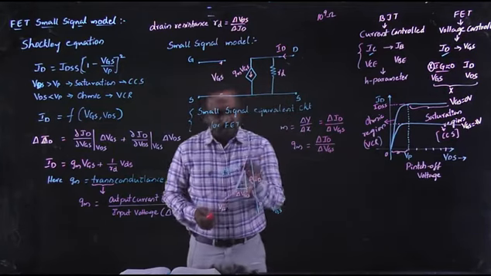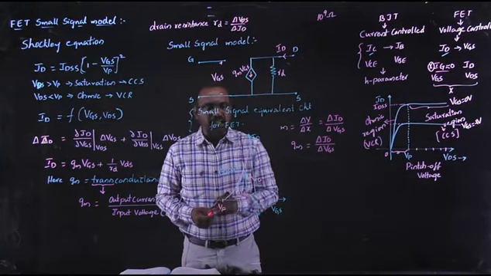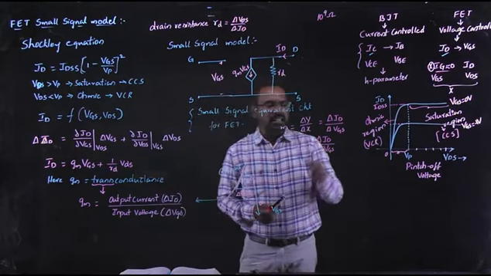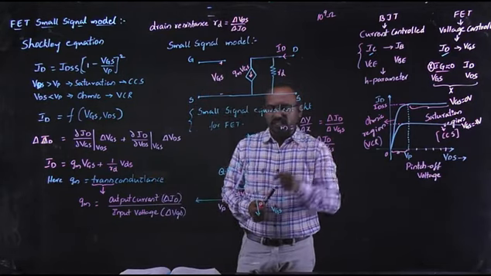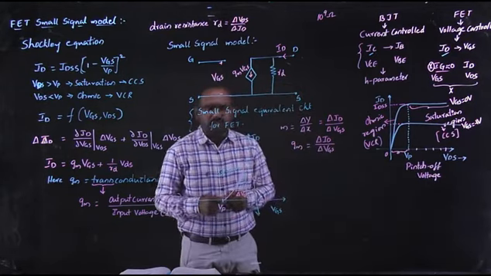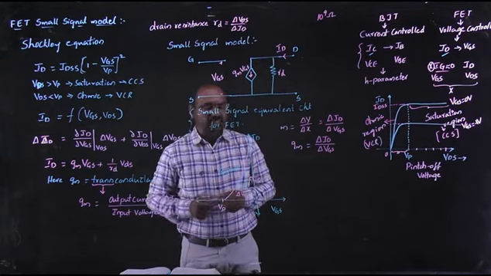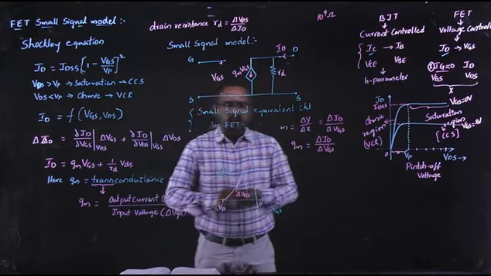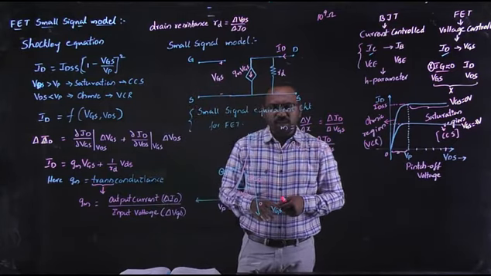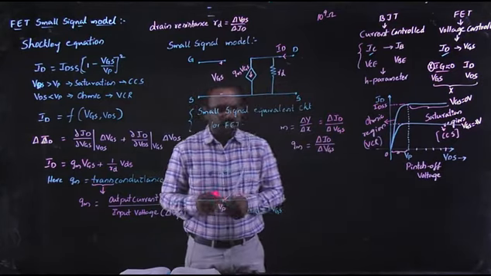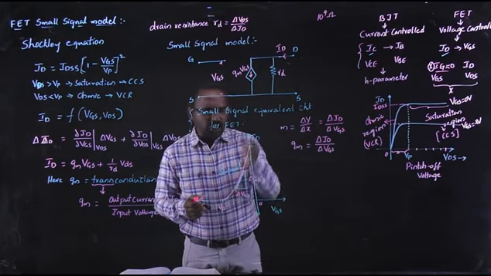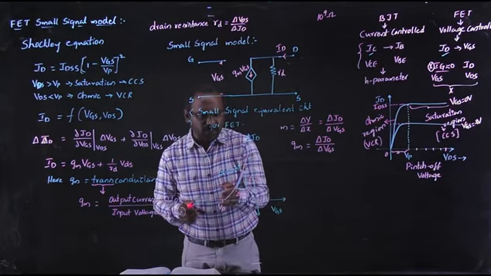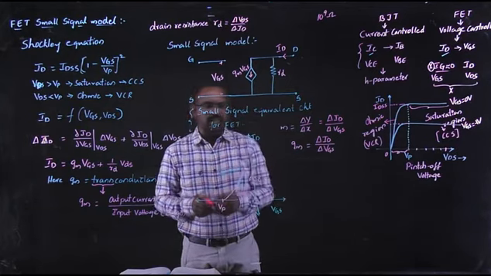Similarly, if the quiescent point is somewhere else, at that point you draw the tangent, and the change in ID and the change in VGS give the slope. As the slope increases, the point is moving towards VP. As it decreases, it moves towards IDSS.